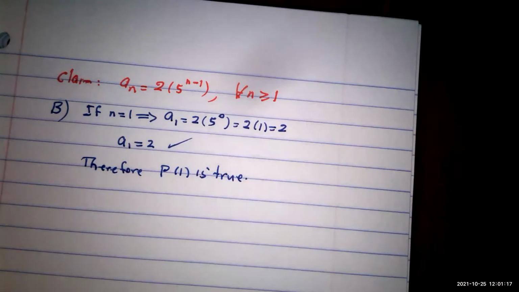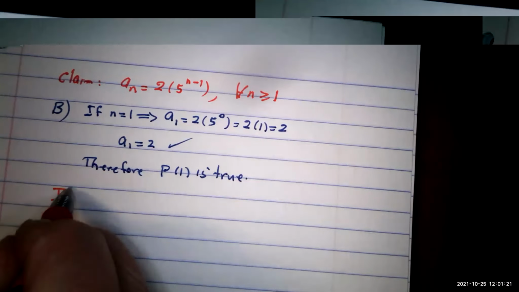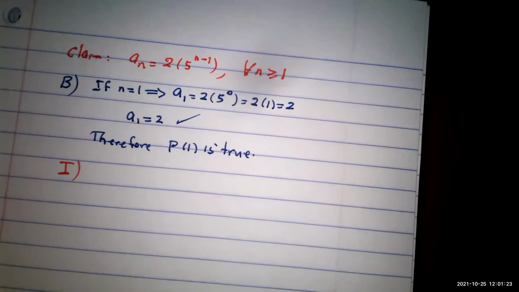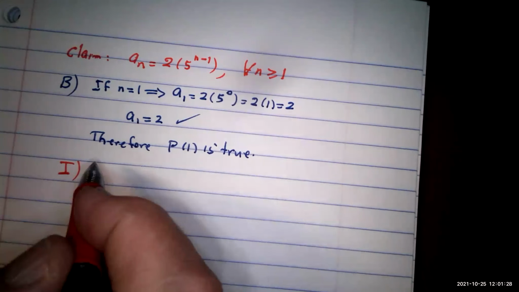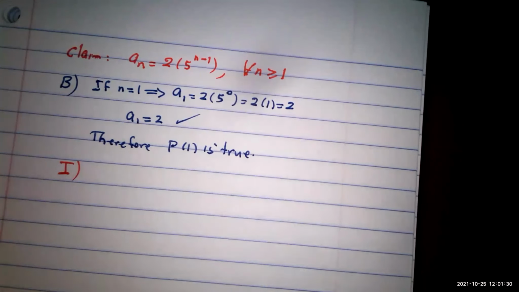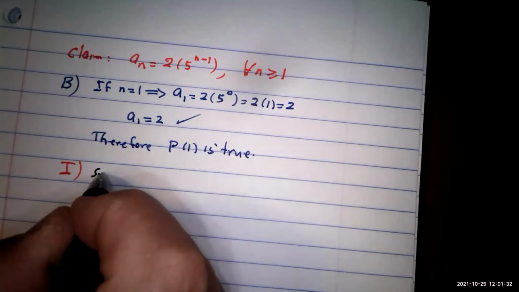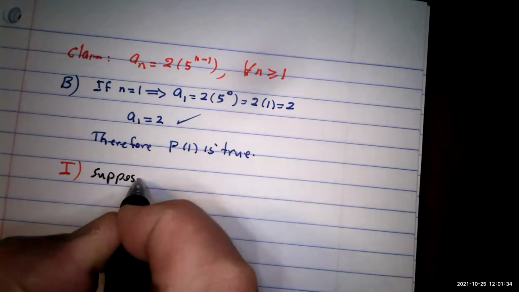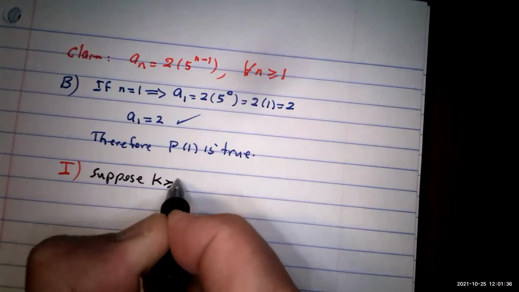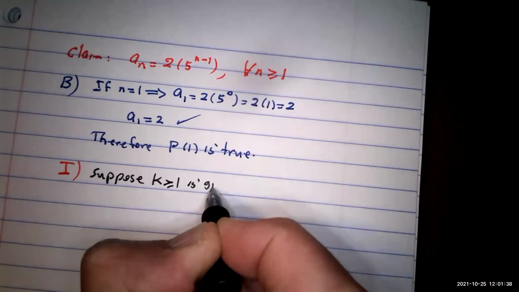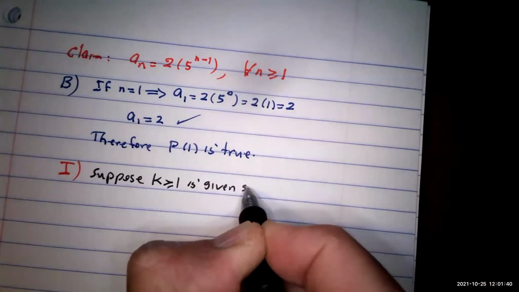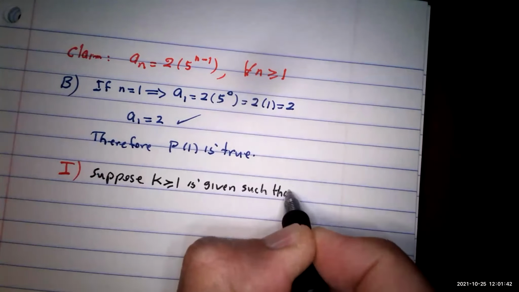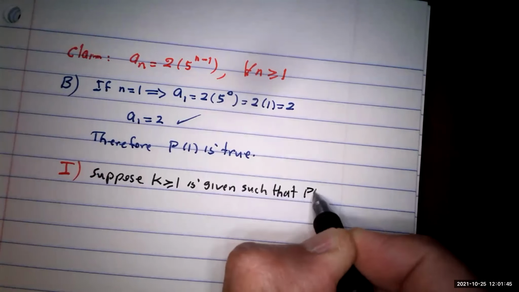Now, the inductive part. What do you do? You assume that it's true for k and you go for k plus 1. So suppose k greater than or equal to 1 is given such that Pk is true.